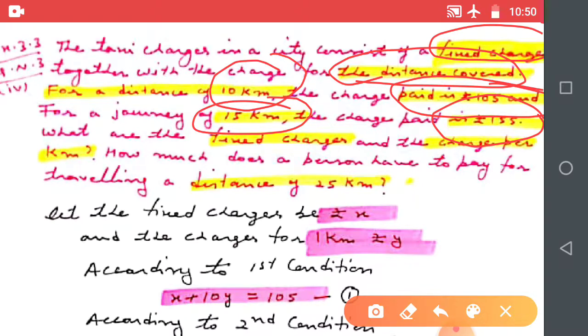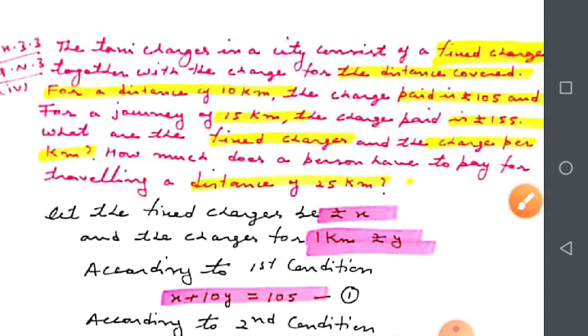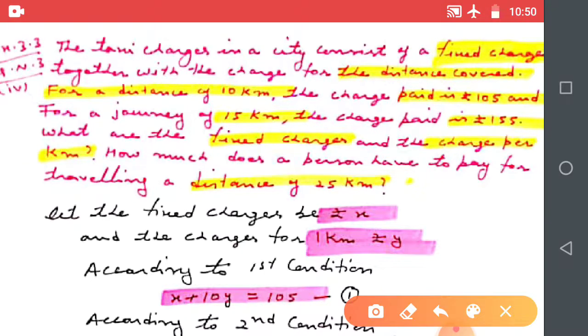What are the fixed charges and charges per kilometer, and find the charges for 25 kilometers also. Clear? So look at this question. The taxi charges consist of a fixed charge and a charge per kilometer. Assume the fixed charge is x rupees and the charge for 1 kilometer is y rupees.